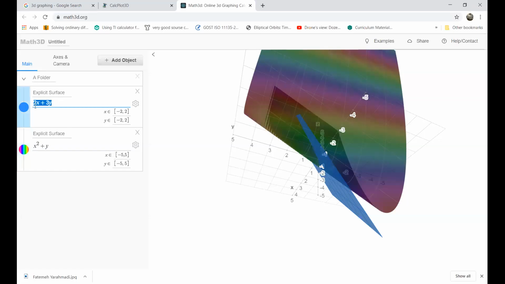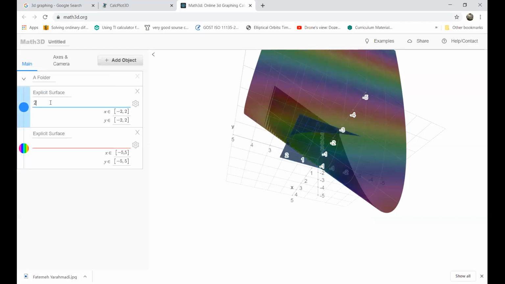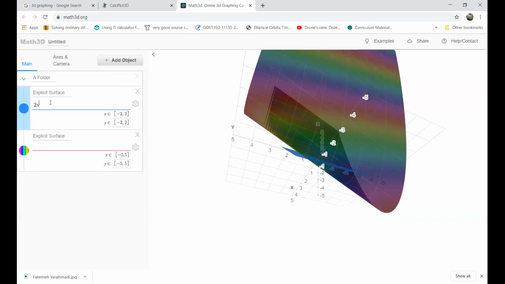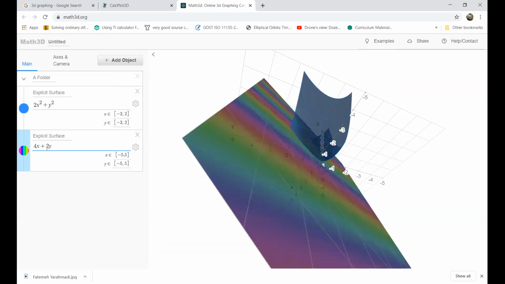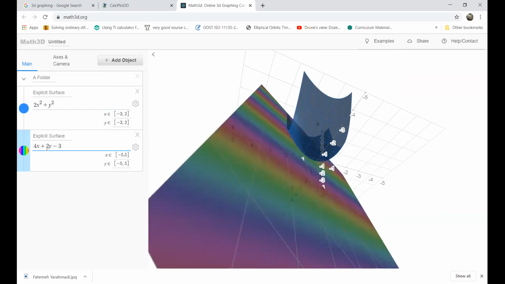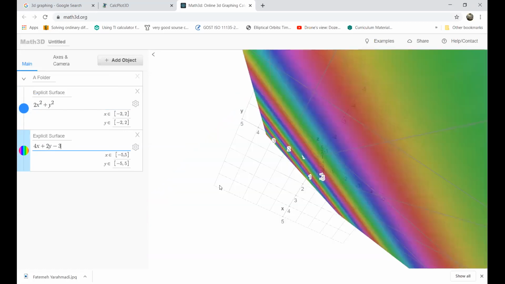Our first function is z equals 2x squared plus y squared. And the second one is your tangent plane, 4x plus 2y minus 3.